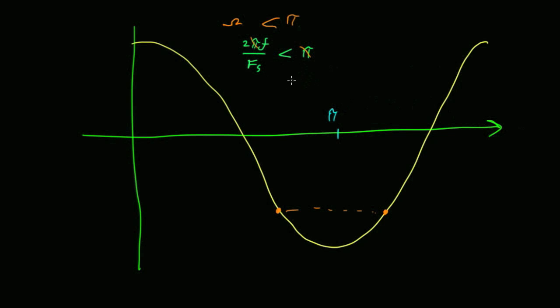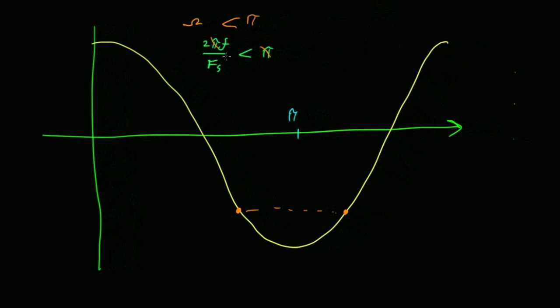So omega, we said, is the same as this quantity. Let me massage: the pi's cancel, that's nice. So if I solve this, it means my sampling frequency must be greater than 2f. And that, my friends, is called the Nyquist.